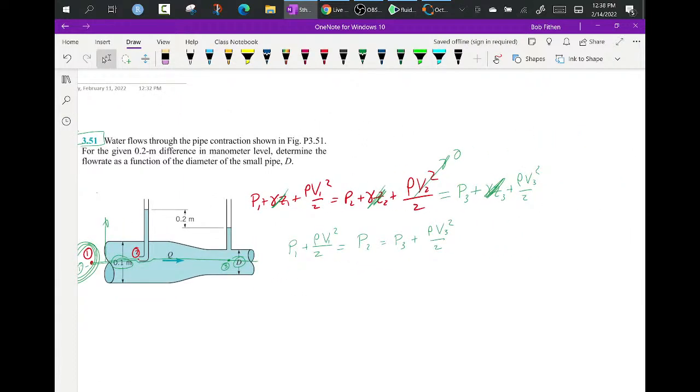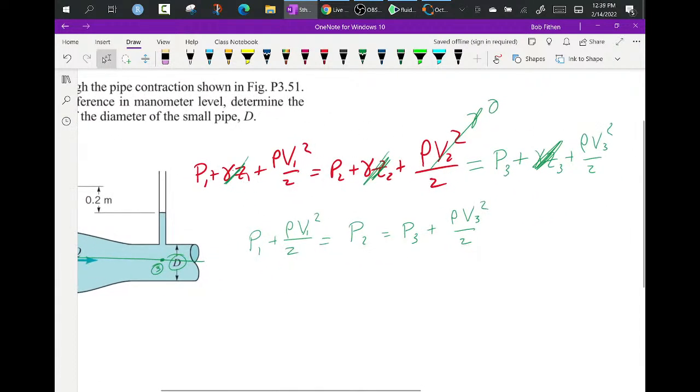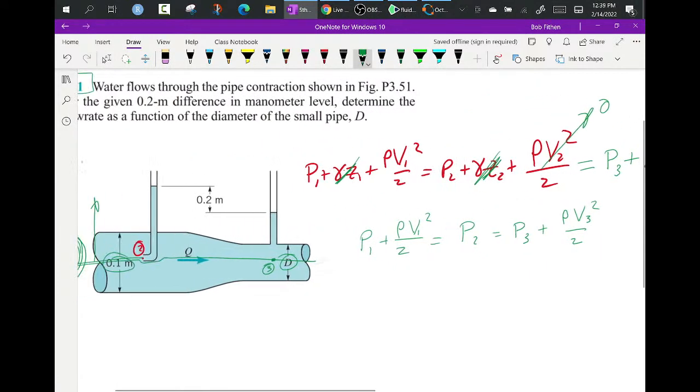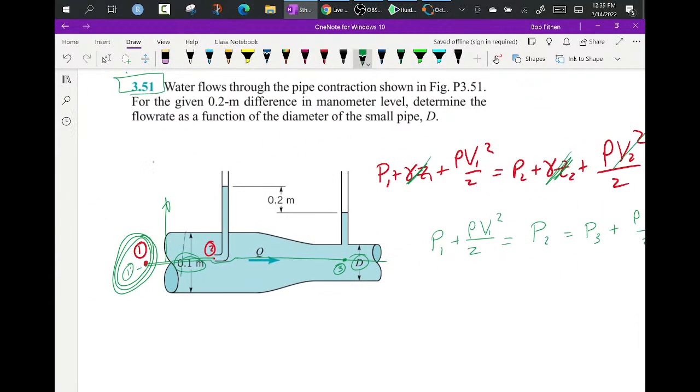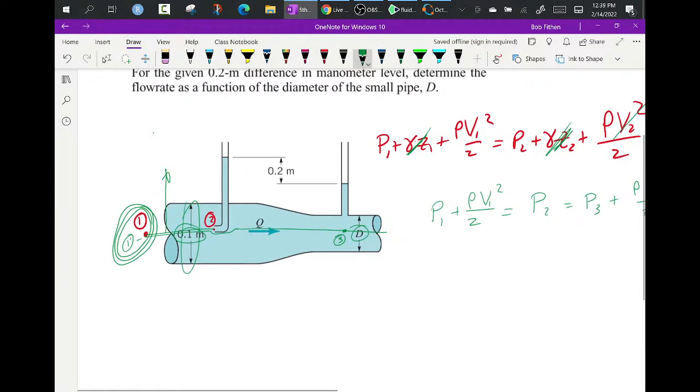Here's your deal. How do you write the diameter between these two? In other words, A1, or pi 0.1 squared over 4, is equal to pi d squared over 4, d3.